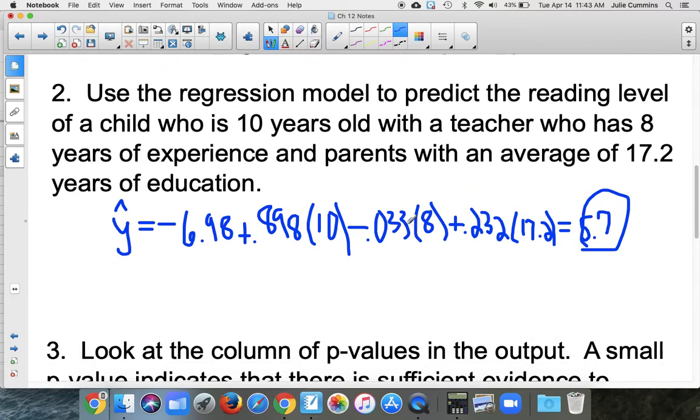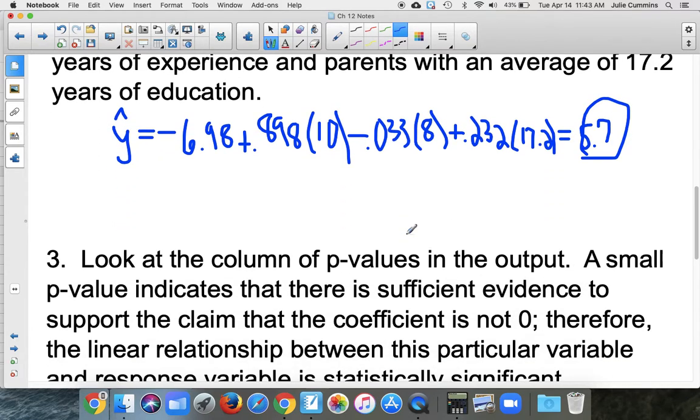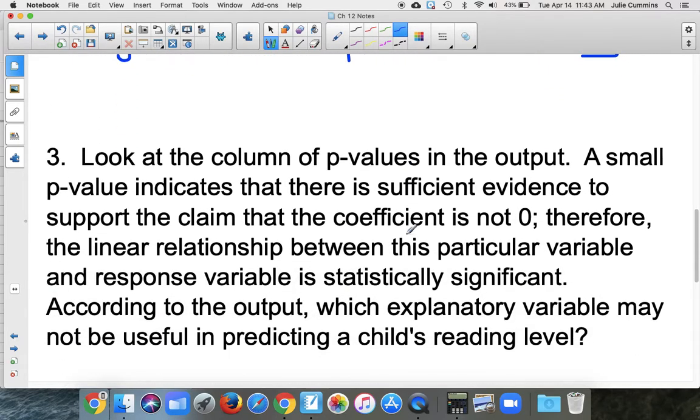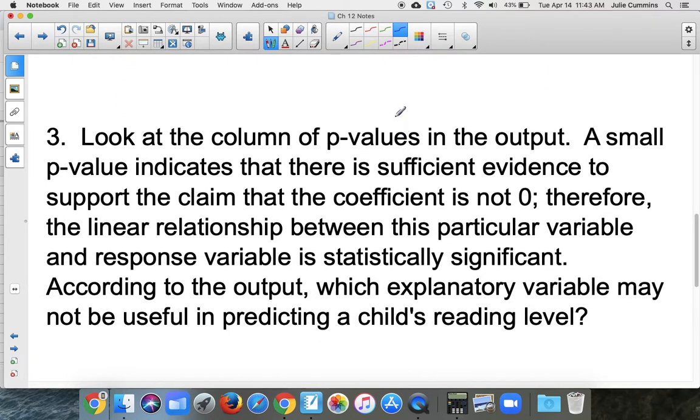All right, now there is one other thing I want to point out in that ANOVA table, and it is the p. There's a column of p-values in the output. A small p-value indicates there's sufficient evidence to support that the coefficient is not 0. That means the linear relationship between this particular variable and the response variable is statistically significant.